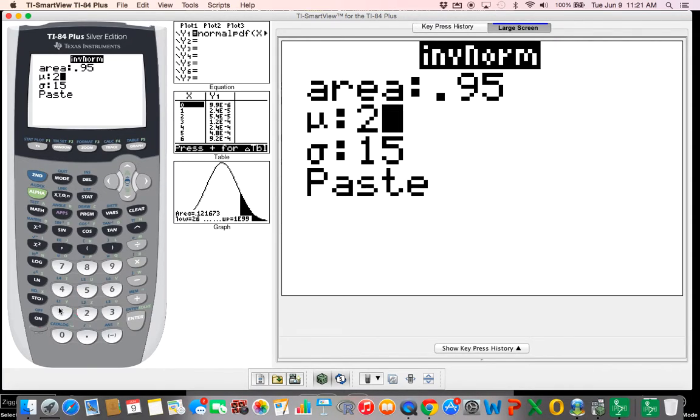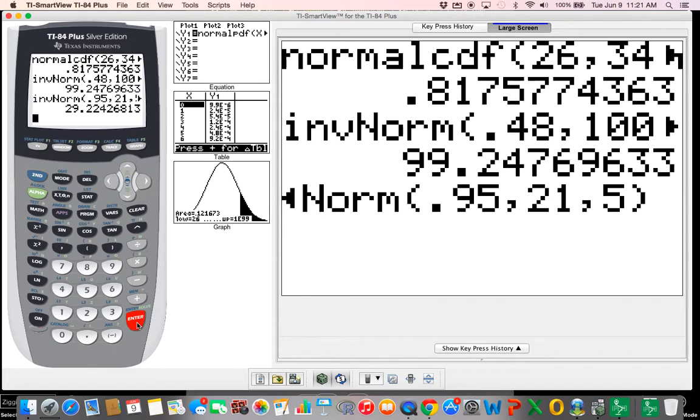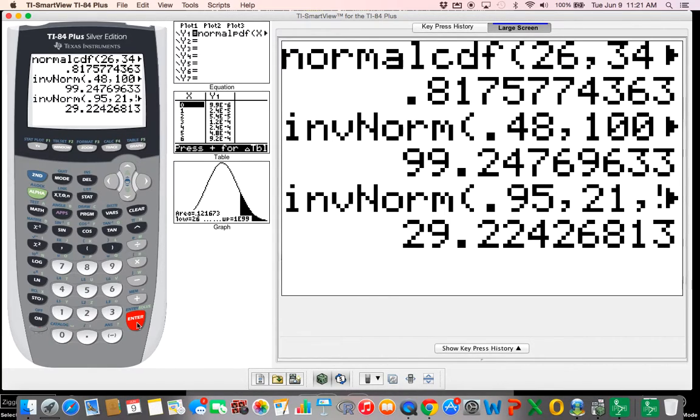Let's use a mean of 21, a standard deviation of 5, which is pretty close. Paste it. So guys, you've got to get an ACT of about 29 to be in the 95th percentile. 29 is obviously a really, really good score on the ACT.